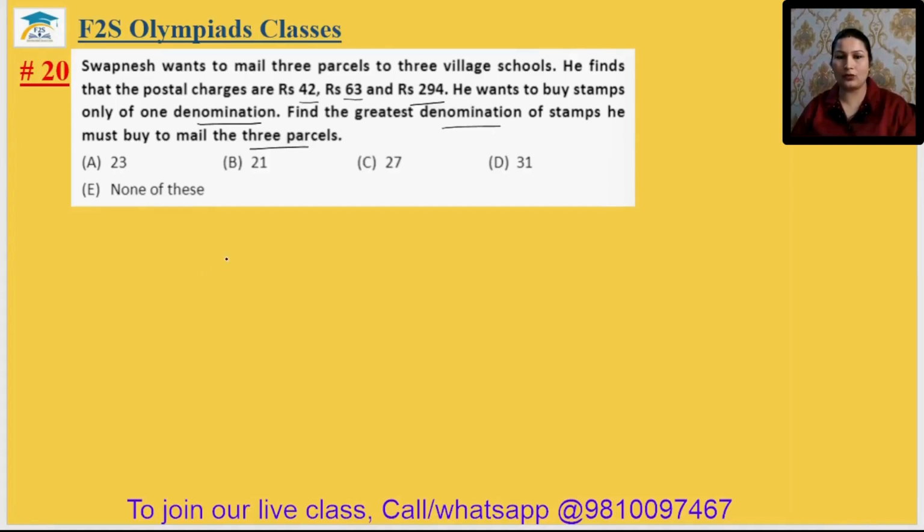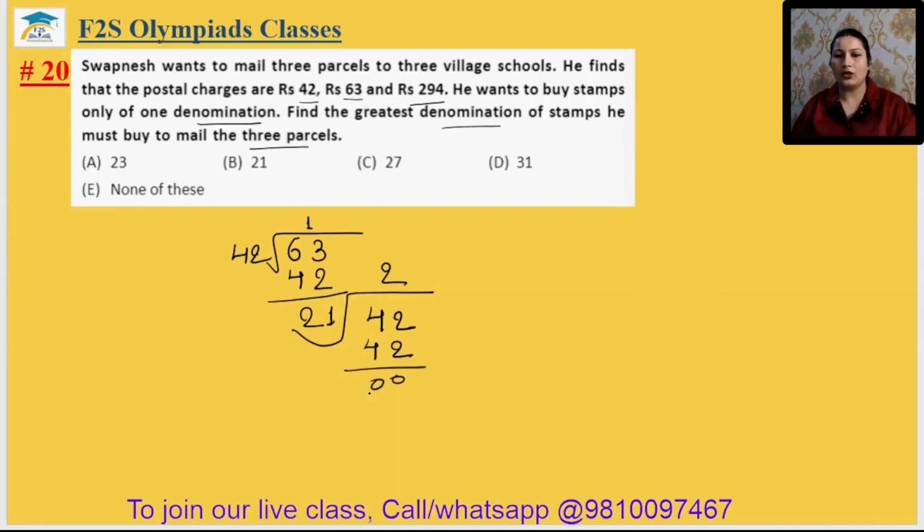The numbers are 42, 63. First take 63 and 42: 1 times 42 is 42, 63 minus 42 is 21. Now 42 divided by 21: 2 times 21 is 42. Now 21 is the HCF of 63 and 42.